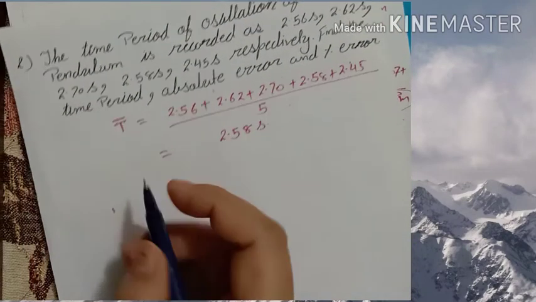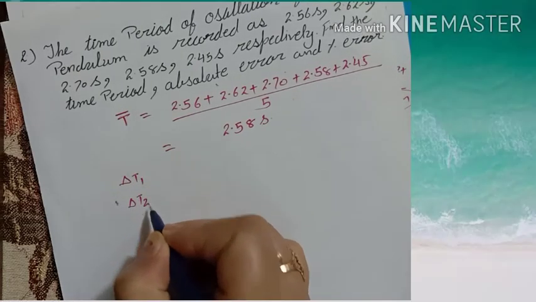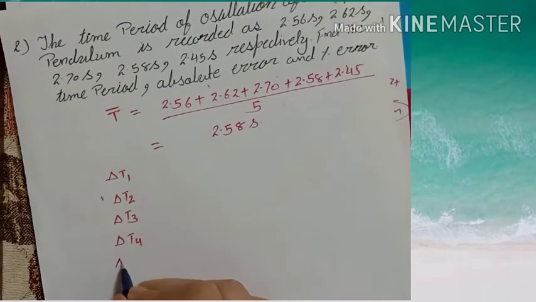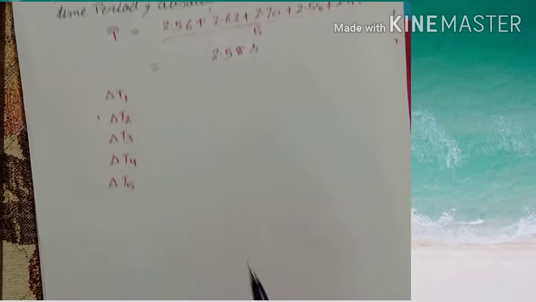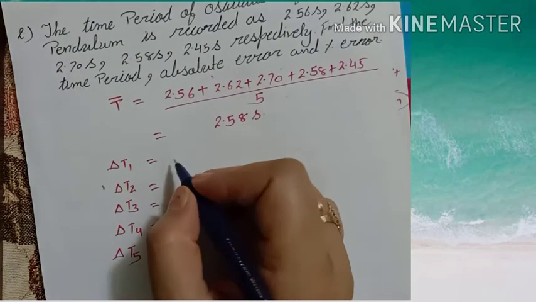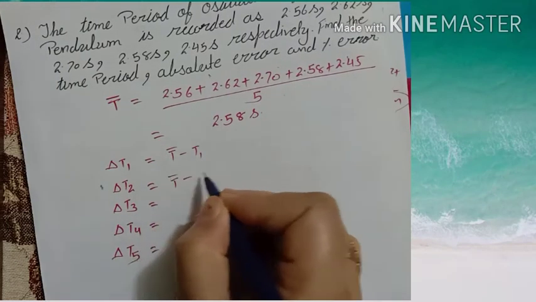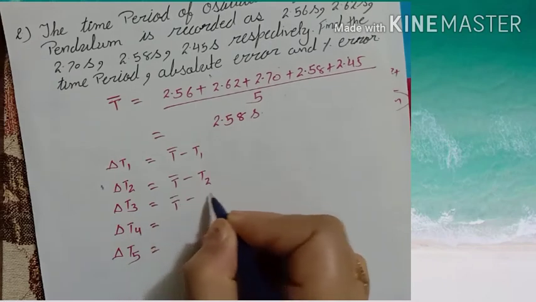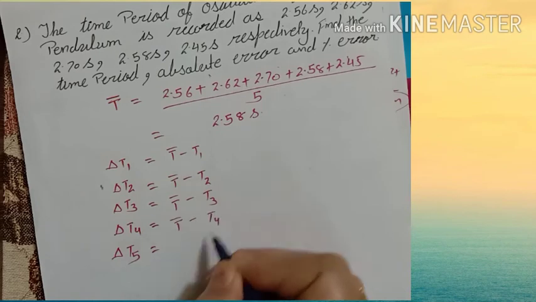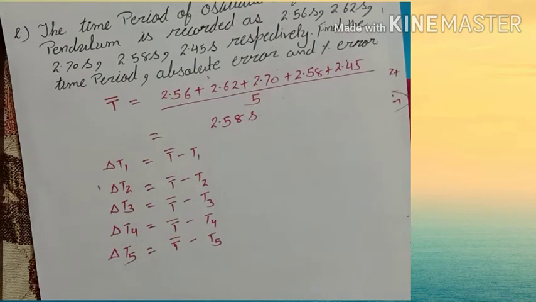How can we write it? By delta t1, delta t2, delta t3, delta t4, delta t5, right? And this will be equal to t bar minus t1, t bar minus t2, t bar minus t3, t bar minus t4, t bar minus t5, right?